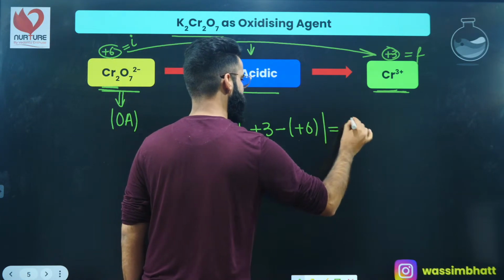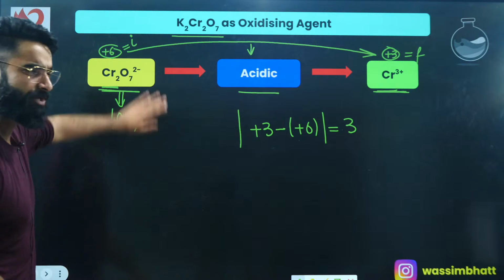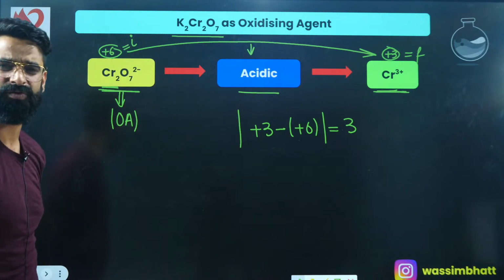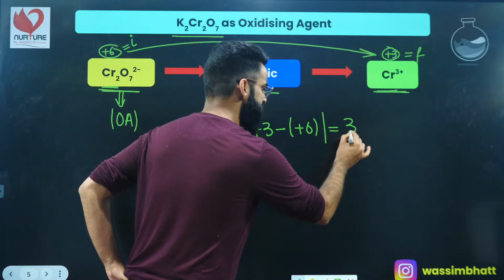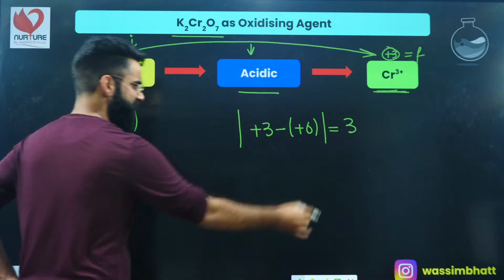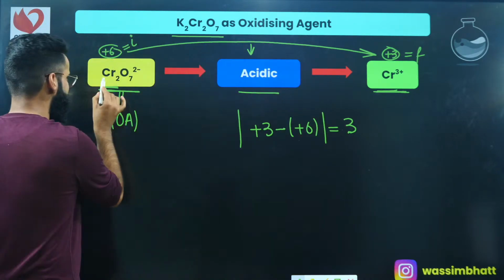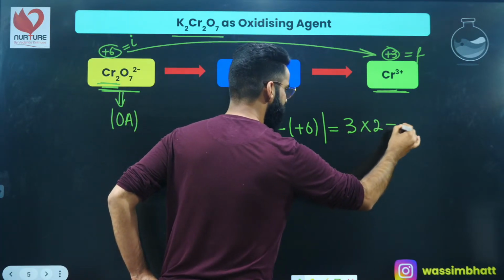The value comes out to be 3. Should I be calling this 3 the N factor of K2Cr2O7? No way. This 3 is basically the change in the oxidation state for one atom of chromium. But currently I have 2 atoms of chromium, so I'm multiplying this term by 2. The value comes out to be 6.